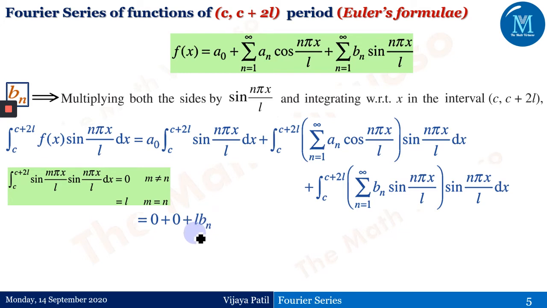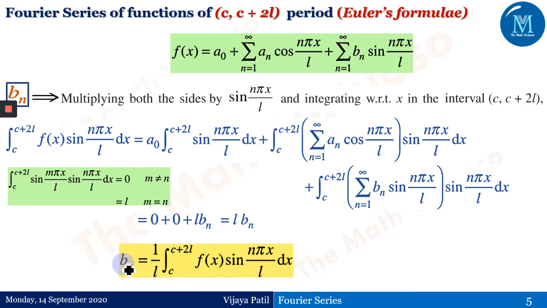So it's L into bn, which gives the third Fourier coefficient, that is bn is equal to 1 by L integration c to c plus 2L f of x sine of n pi x by L dx.